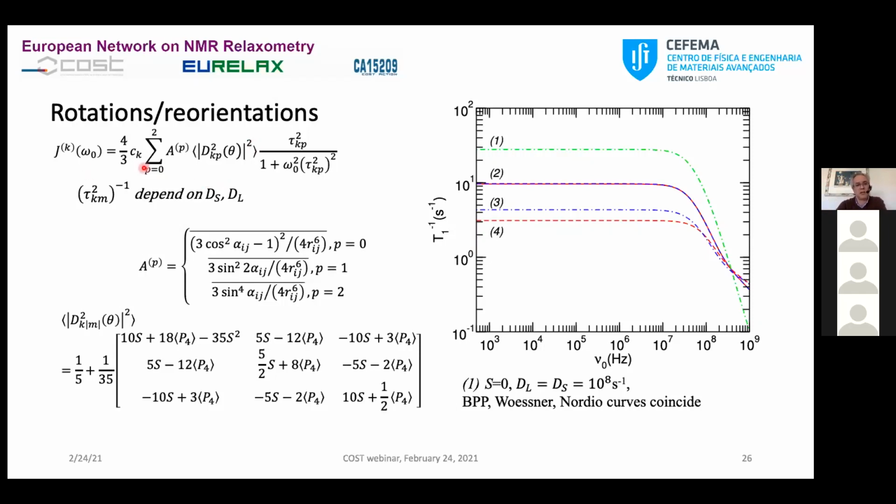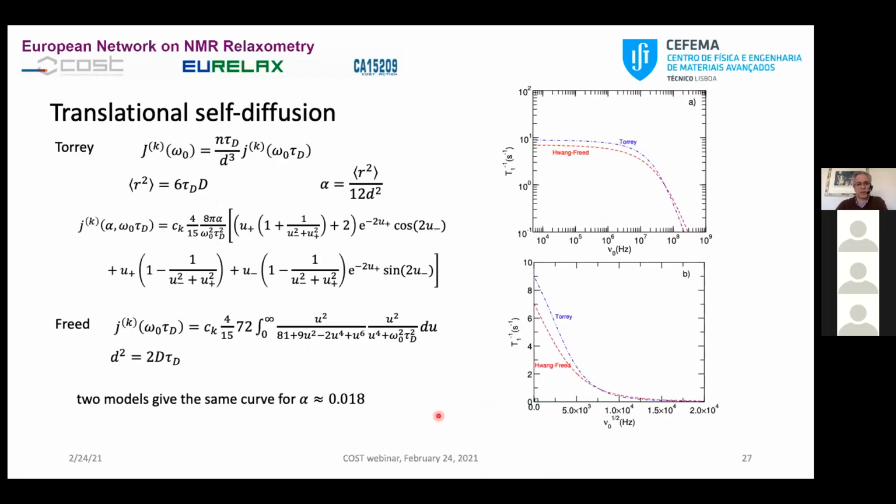It turns out that the rotations can, in some cases, not be so simply explained in terms of the most basic BPP model that sometimes is used. There are several models that can address this question of rotations and orientations. Westner and Nordio are two examples of such models.